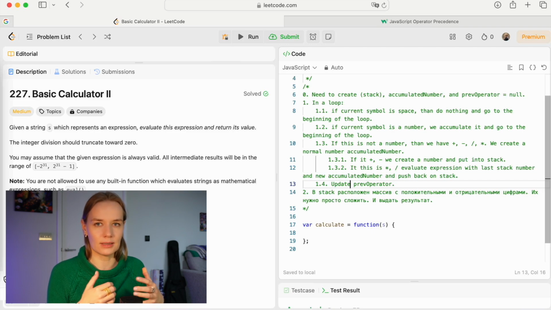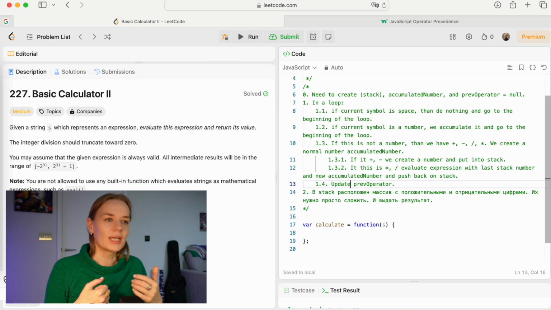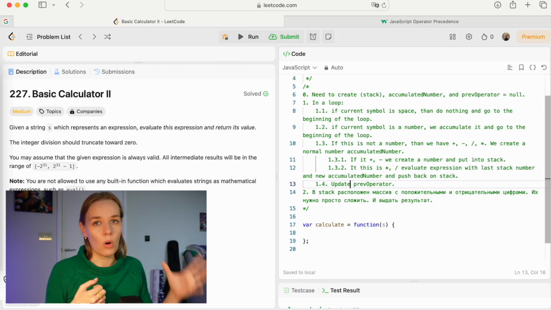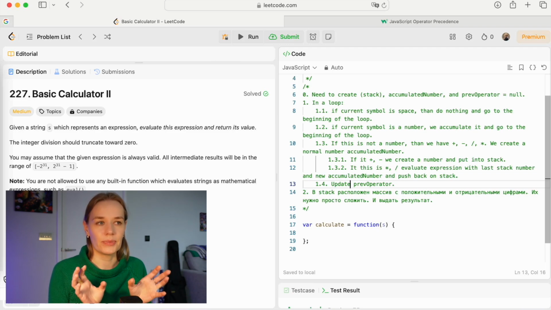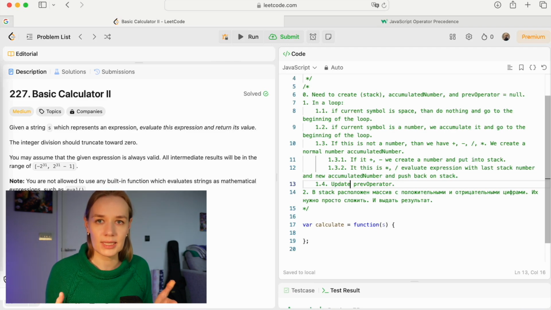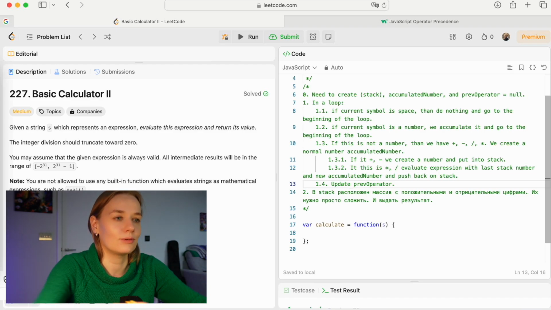So when we meet, for example, divide, we do nothing. We save this divide in the previous operator and go to the next number. We accumulate the whole next number, and when it's ready, we make our calculation. In that case, we can do division and multiplication in our stack quite easily, and have a very easy algorithm. I will show you, and you will be very happy.